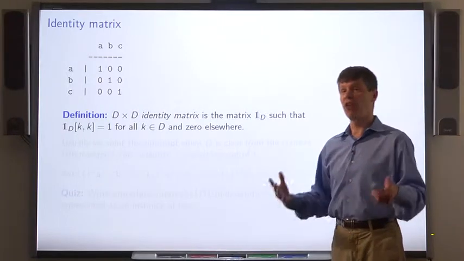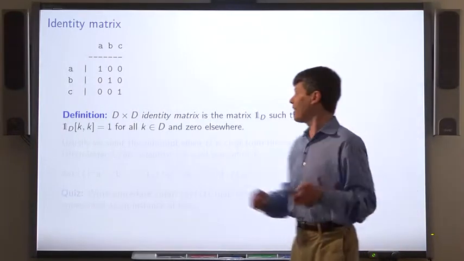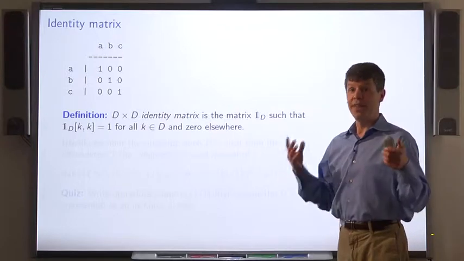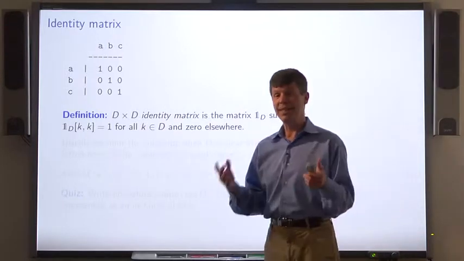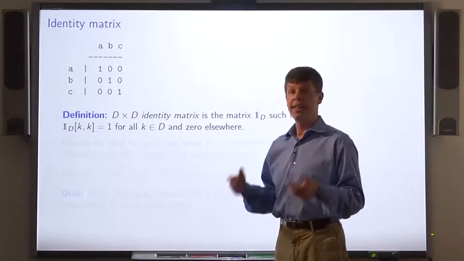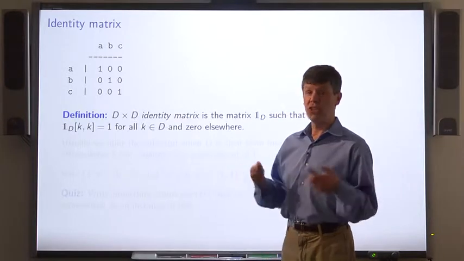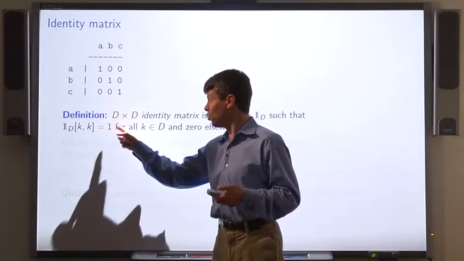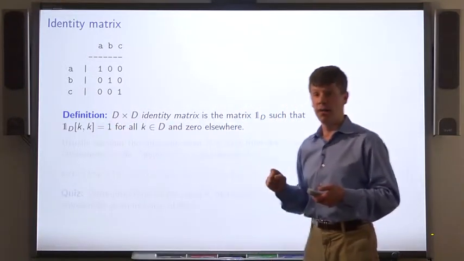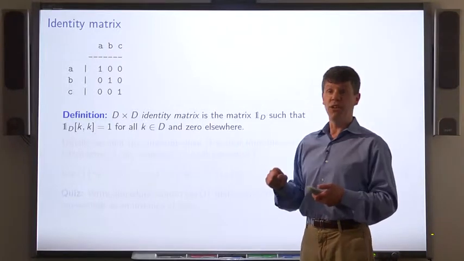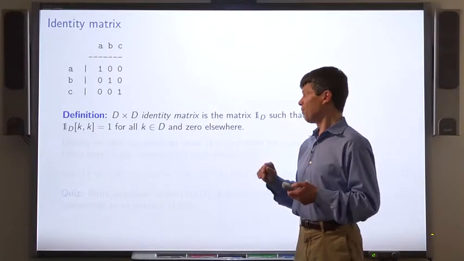To exercise our understanding of the mat class, we'll look at the identity matrix. For a set D, the D by D identity matrix is the matrix such that the kk element is 1 for every element k of D, and all the other elements are 0.